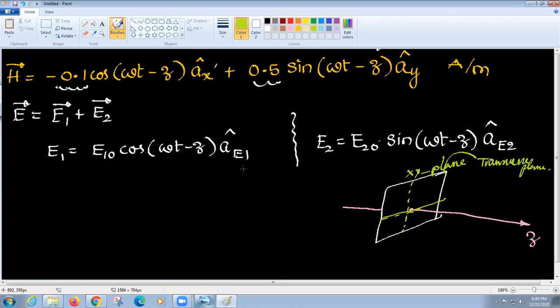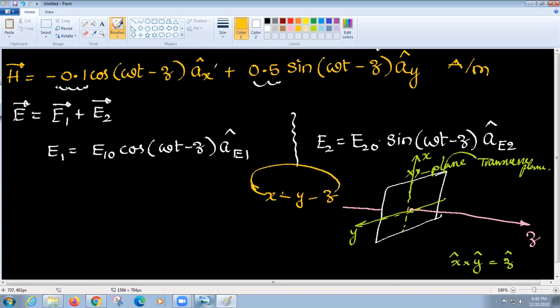So now, usually one of the H components is along the x-axis. So this is my X, and this is my Y. You know very well X cross Y is equal to Z, right hand rule. Just take the right hand rule.